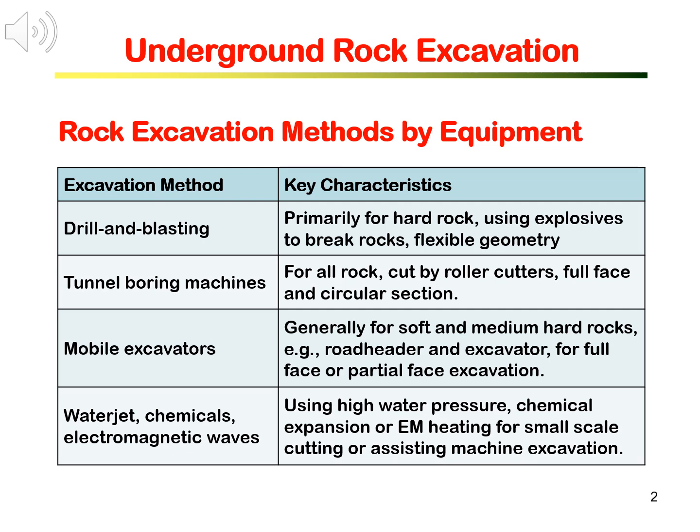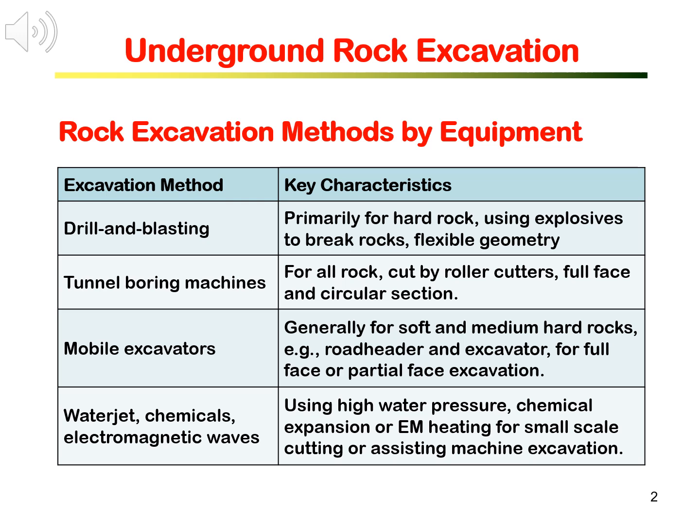One main method is drill and blast, using explosives to break and excavate rocks. The other main method is mechanized excavation, cutting and excavating rocks by heavy machines, including TBMs and mobile excavators.